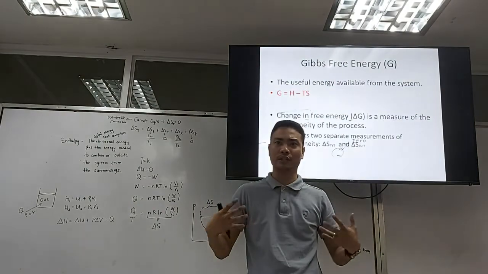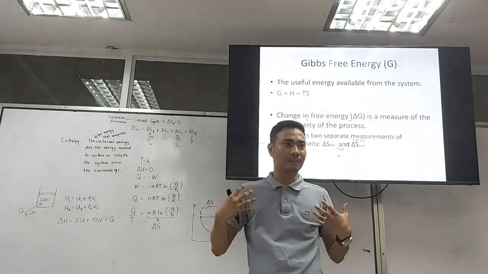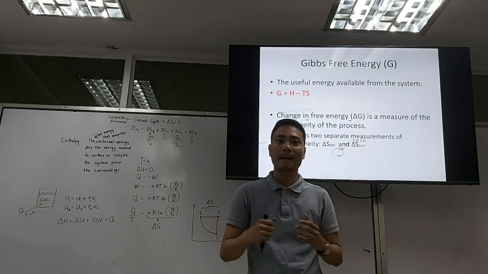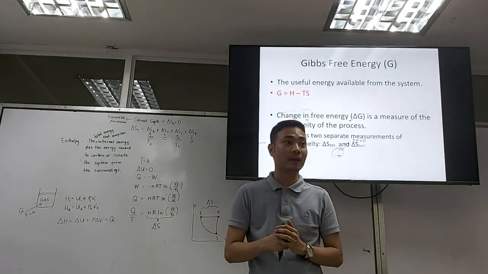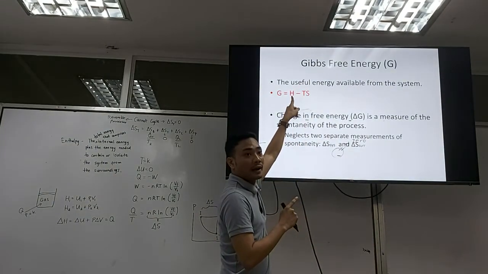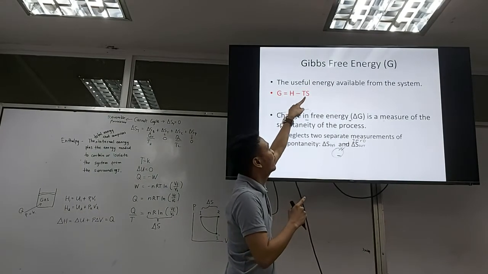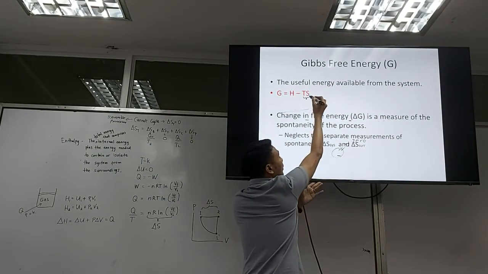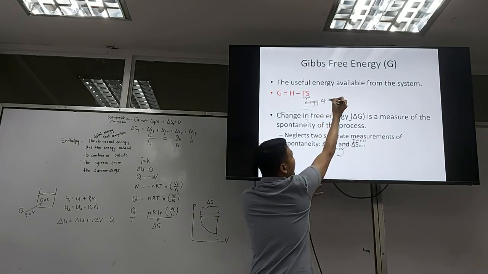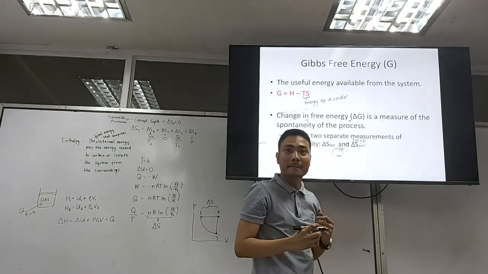Meron tayong total energy H. Pero lahat ba nung total energy natin magagamit sa work? Hindi. Di ba? Tingnan nyo sa equation. Kaya yung total energy mo, hindi mo lahat magagamit yun. Kailangan mong i-minus yung alin? Yung, ano tawag dito? The energy of disorder.